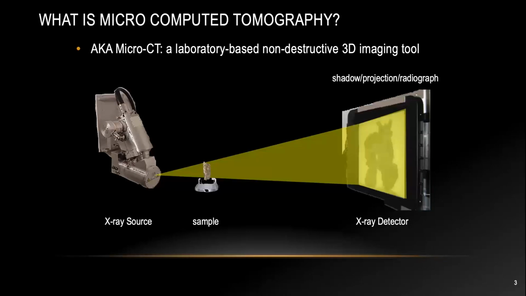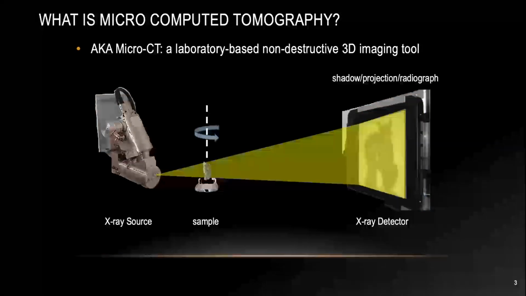But the detector can only capture the overall intensity in one single direction. So we need to capture different projection images at different rotations. We rotate the sample for the entire 360 degrees and capture multiple projection images around the sample.